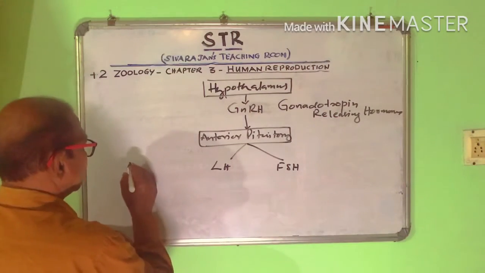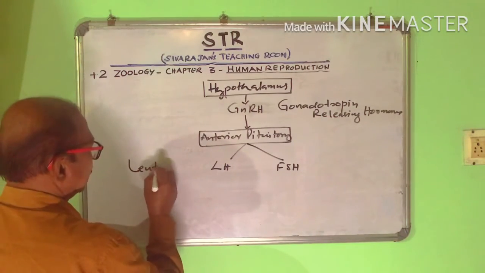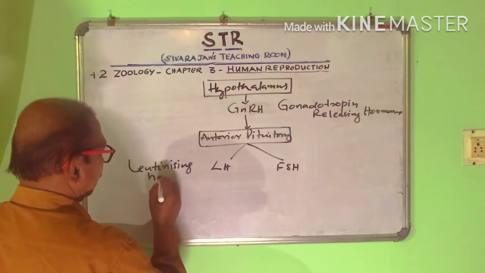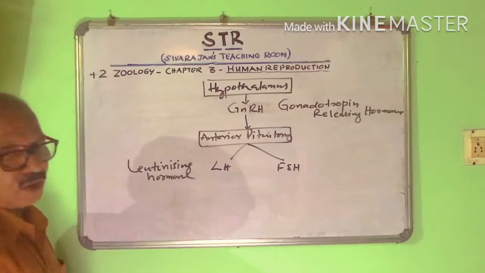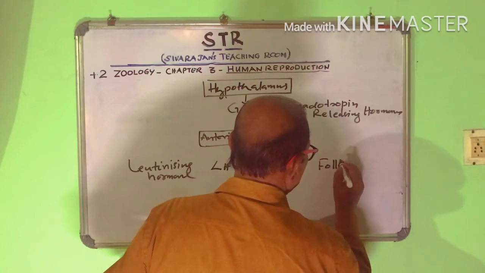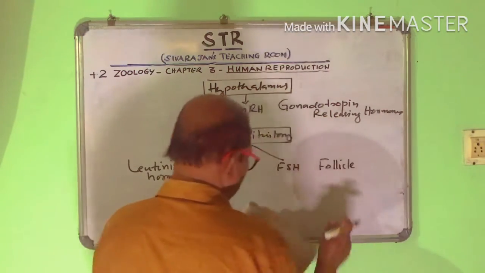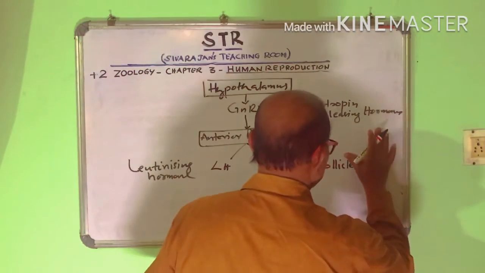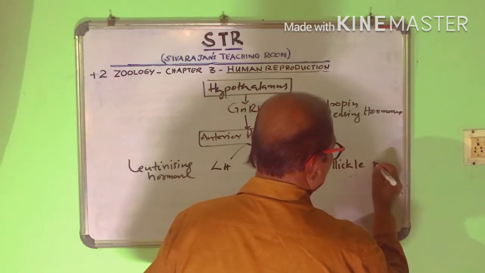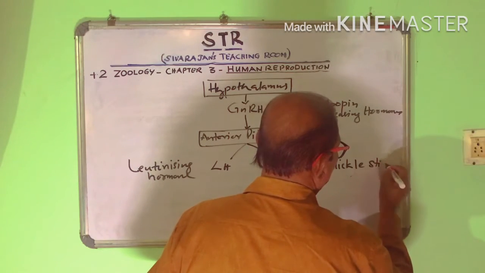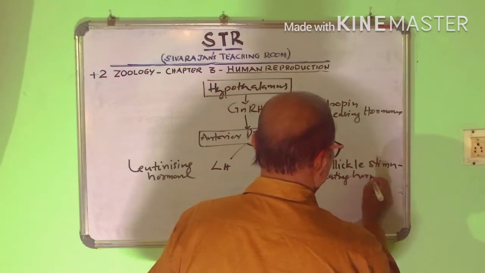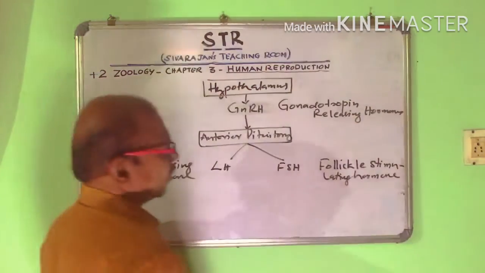LH is luteinizing hormone. And FSH is follicle stimulating hormone.